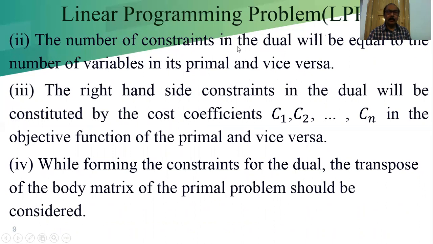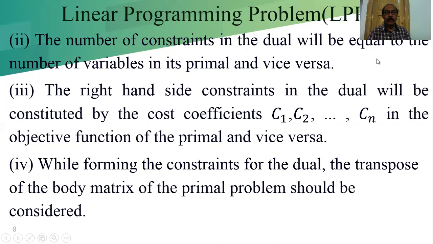The number of constraints in the dual will be equal to the number of variables in its primal, and vice versa. So the number of constraints in the dual is equal to the number of variables in the primal. Suppose we have 4 constraints and 3 variables.